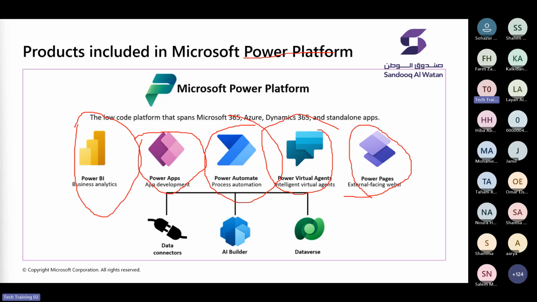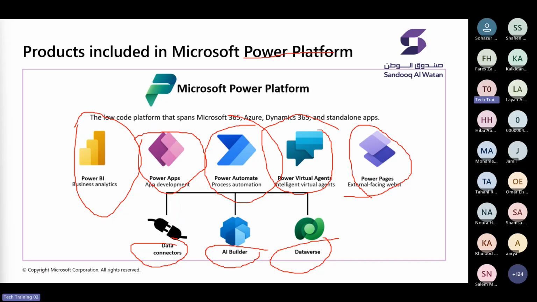Also, under the Power App and related to the Power Automate, we have many connectors, up to 900 connectors, and we will talk about this in detail later, and the AI Builder and the Dataverse. Dataverse is a type of cloud where we can build lots of tables, lots of relations between the tables, and it's on the cloud. Microsoft has built their own platforms, ERP, Business Central, CRM, Sales, and others based on the Dataverse.